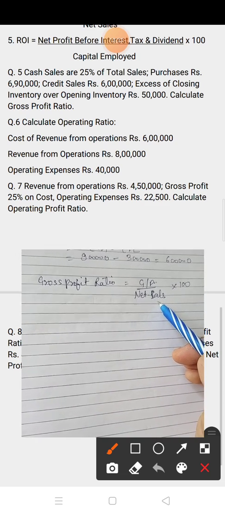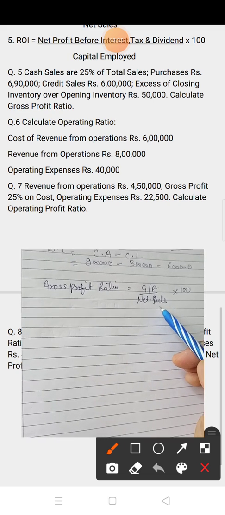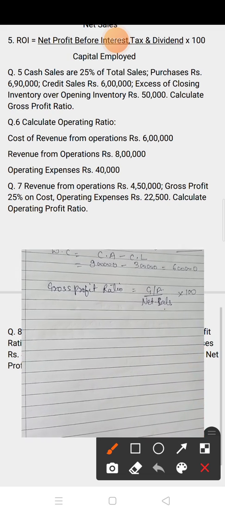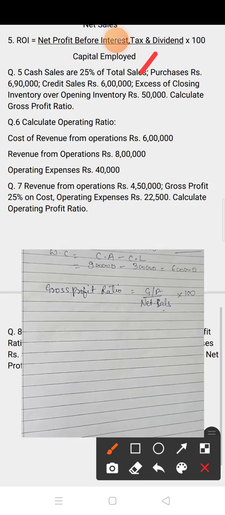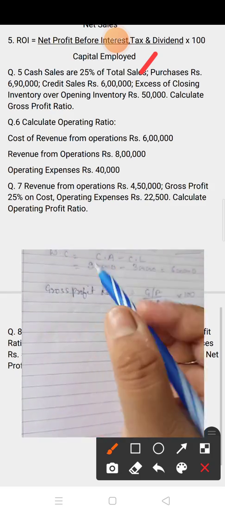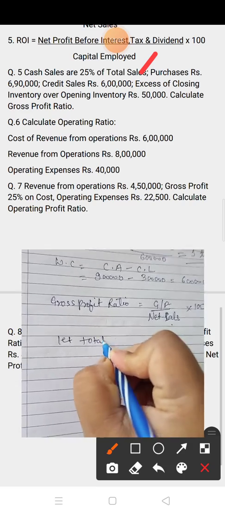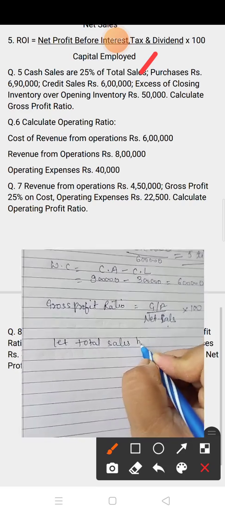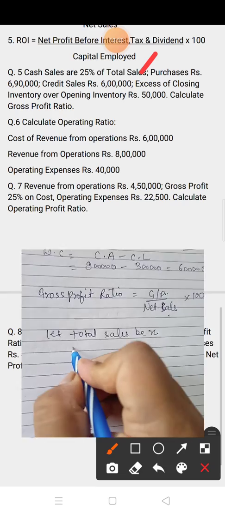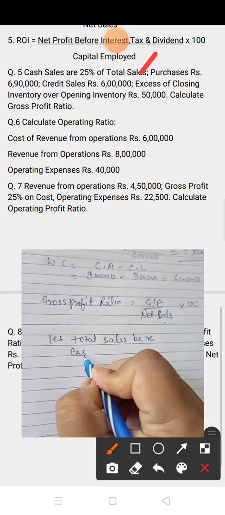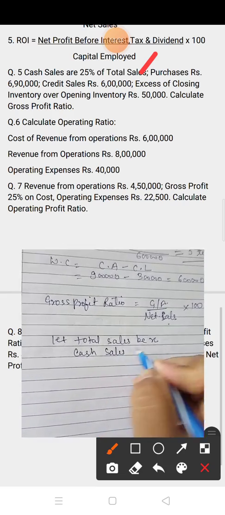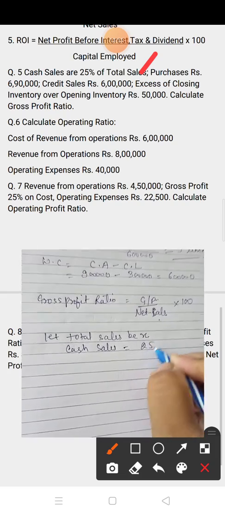So first we will find out the sale. Here cash sale is given as 25% of total sale. So let the total sale be X, and cash sale is equal to 25% of total sale.